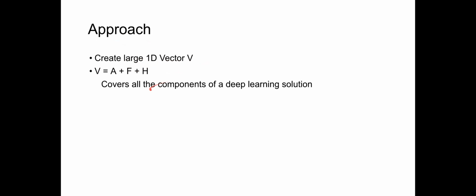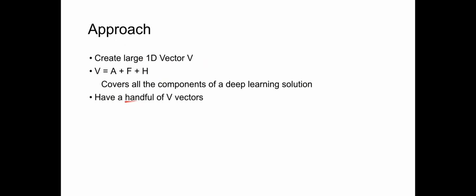Their approach is to create a large one-dimensional vector that is able to represent the neural architecture and its components. This is the main thing in their solution, and they are using a transformer-based approach for the predictor network.